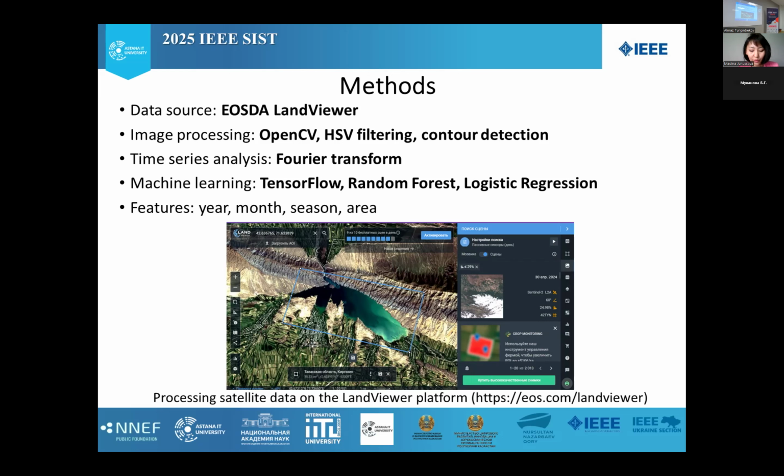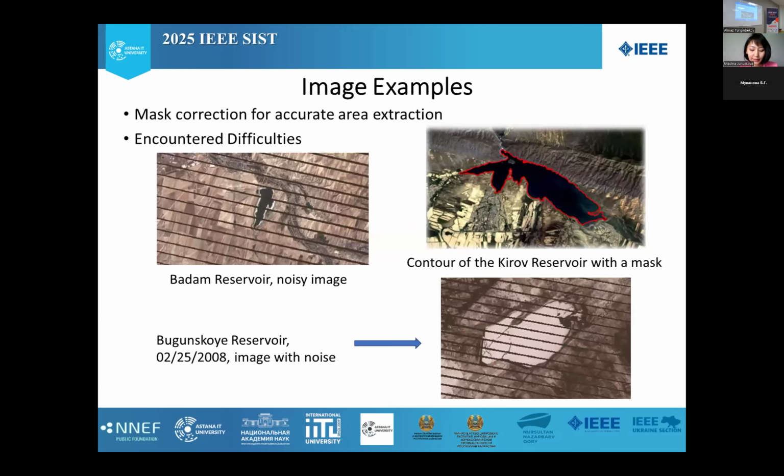Using this platform, satellite data were collected for the period from 2000 to 2024, utilizing missions such as Landsat 7, 8, 9, and Sentinel-2. One of the key components of the system is the use of computer vision.